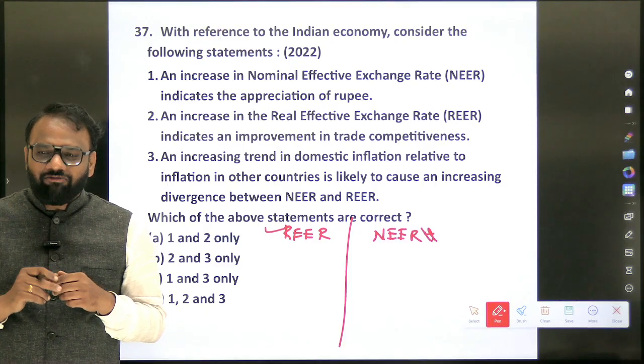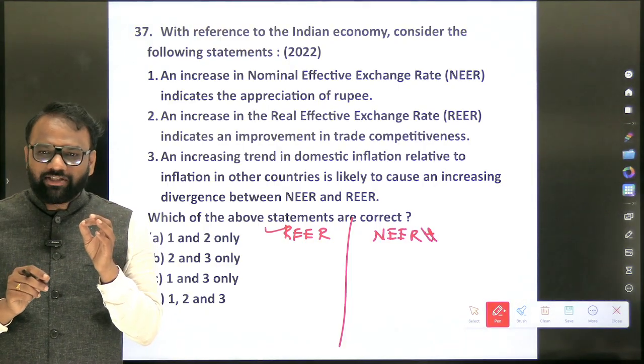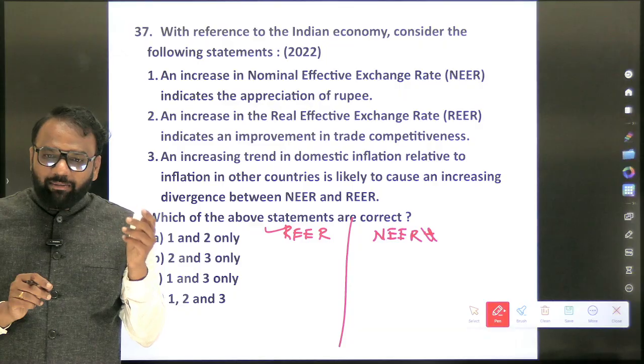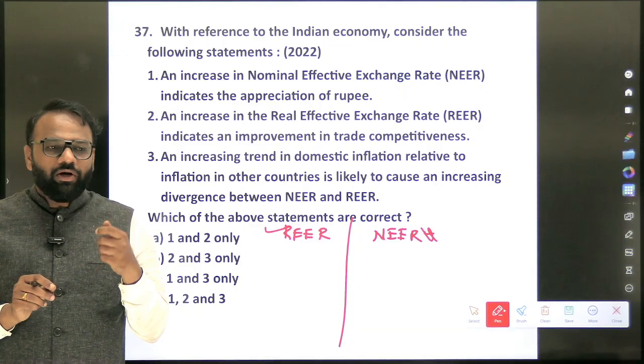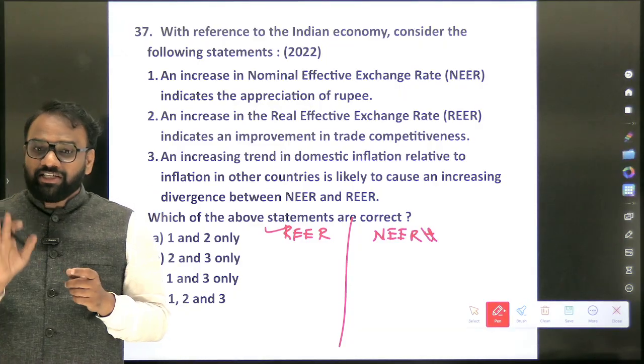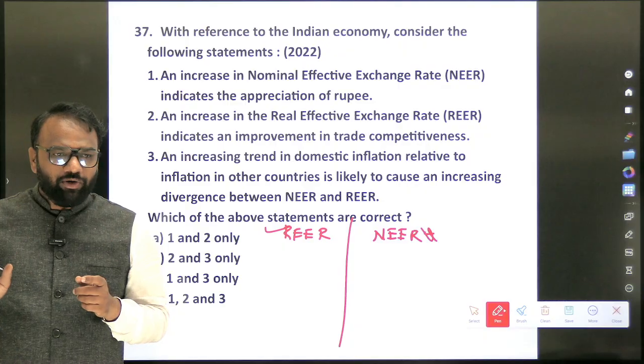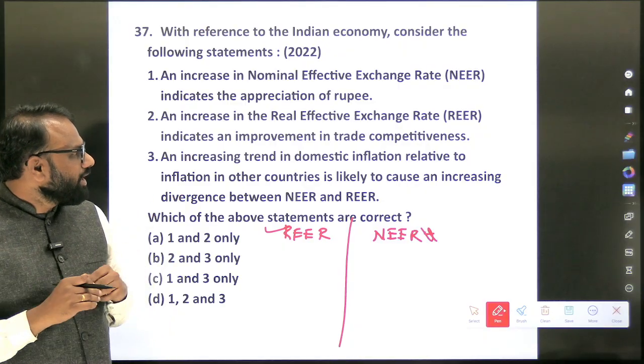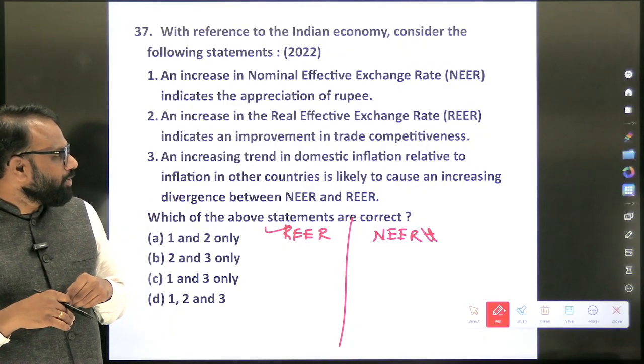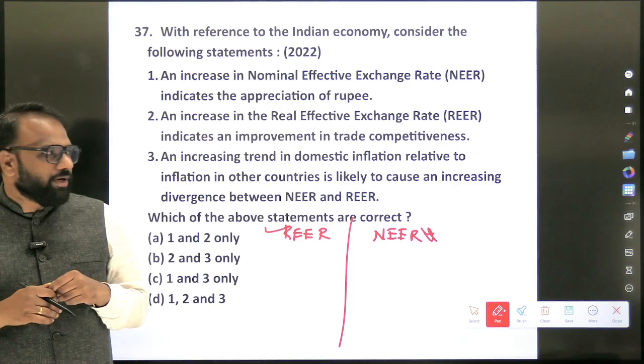Yes, we'll use REER. Whether NEER can be used as a tool to assess trade competitiveness, generally no. So REER is used to measure trade competitiveness.